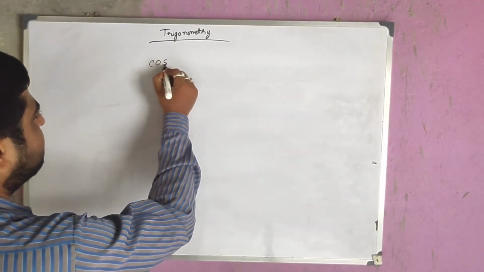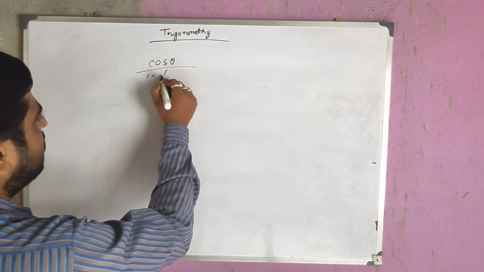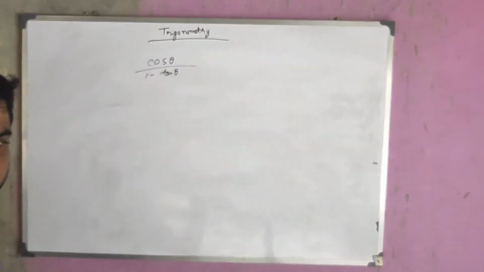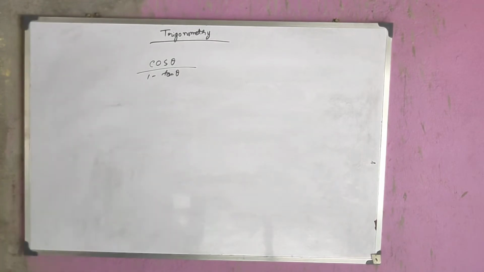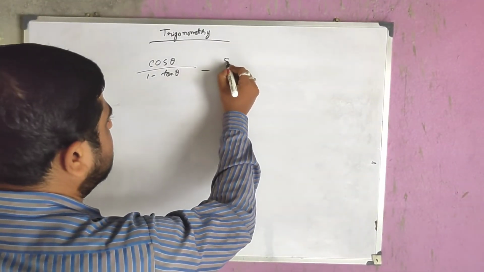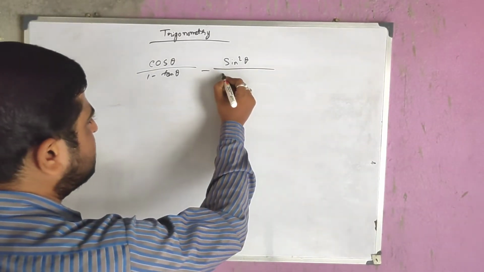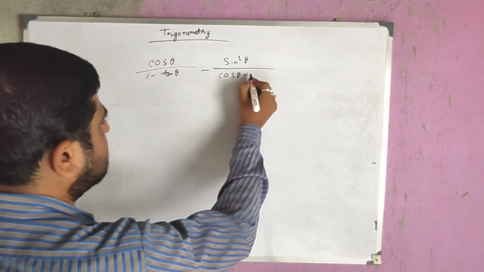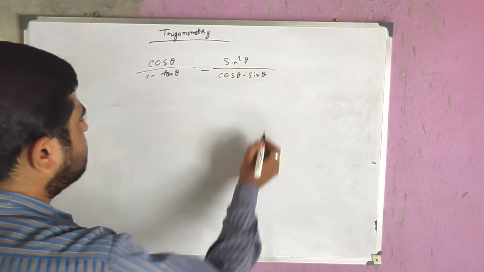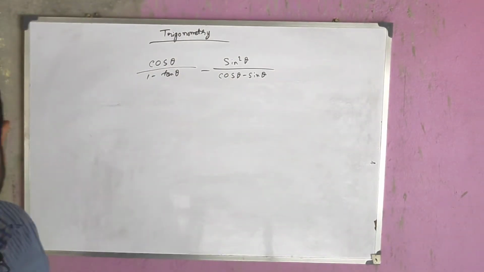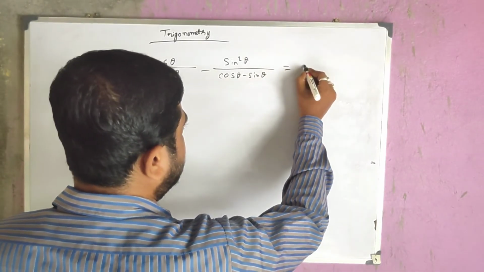Cos theta by (1 minus tan theta) minus sin square theta by (cos theta minus sin theta) equals, we have to prove, cos theta plus sin theta.